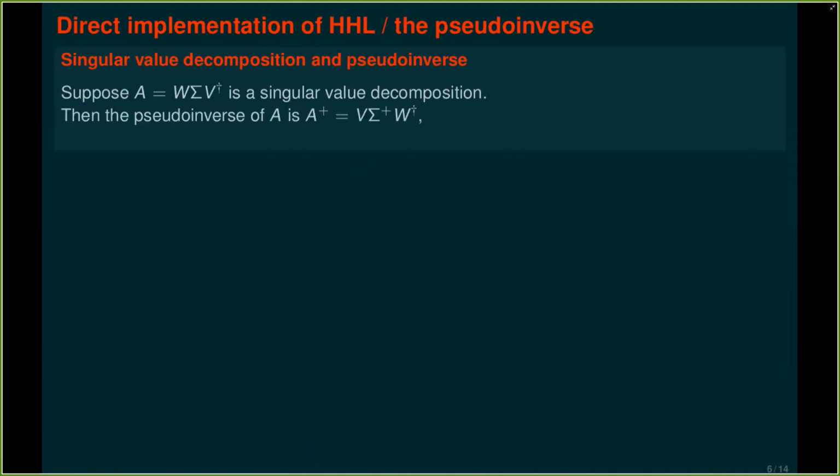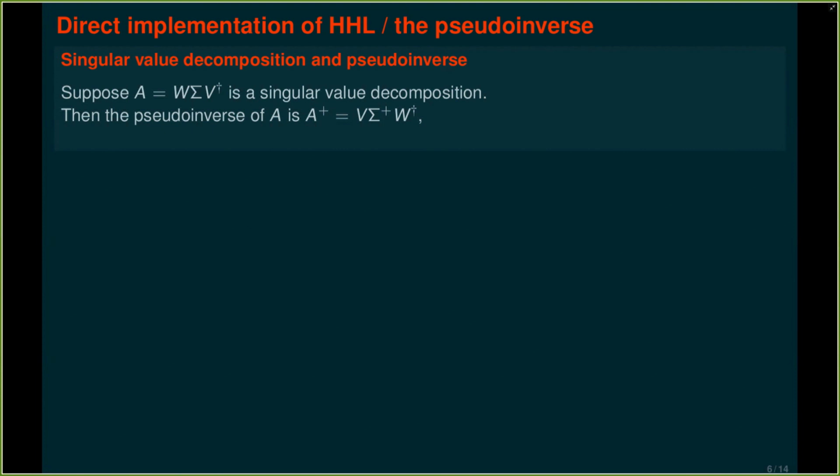And I just want to showcase this again by the favorite example of the HHL algorithm and show how to directly implement the pseudo-inverse of this matrix A. So suppose that A has this singular value decomposition W sigma V. Then the pseudo-inverse by definition is A plus, where you reverse the order of V and W and invert the non-zero diagonal entries of sigma.